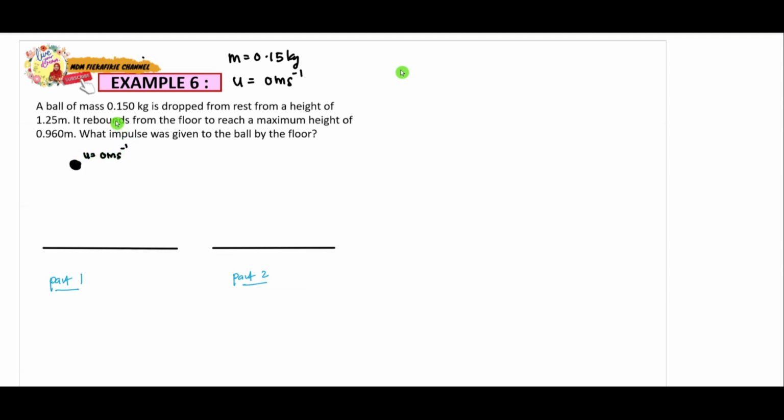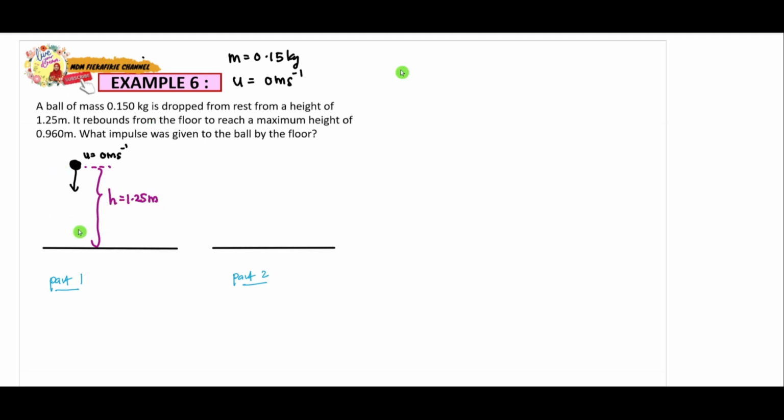Ni cerita pasal free fall motion lah ni. Dia jatuh ke bawah. And the height is given, H equal to 1.25 meter.